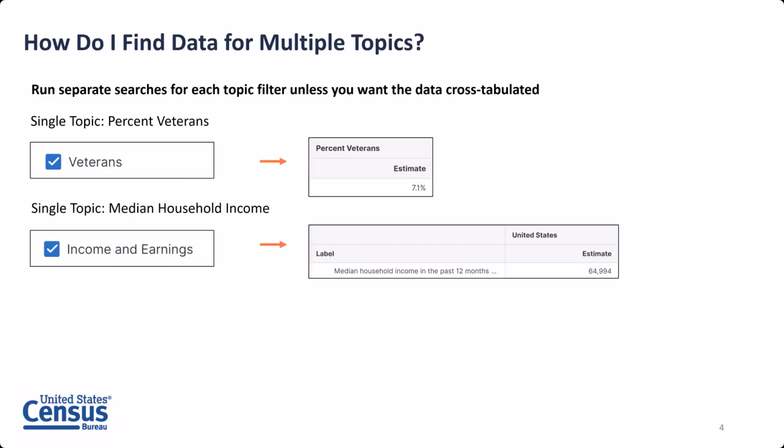If I was interested in finding the percent veterans and the median household income in the United States, those would typically be two separate searches. So I would select a topic filter for veterans that would lead me to the tables on our site that match veterans. And ultimately, it would lead me to this table that shows 7.1% of the population being a veteran.